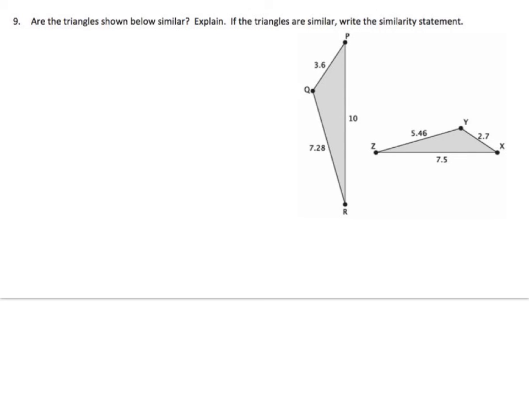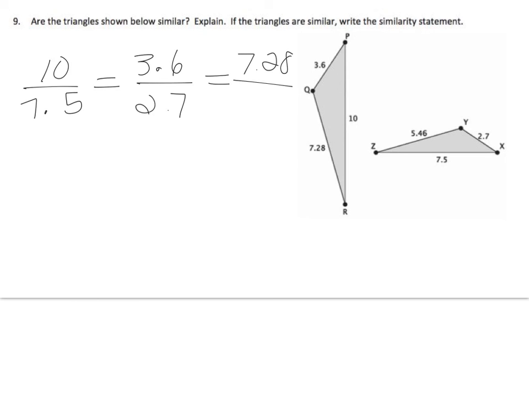Okay, number 9, are the triangles shown below similar? We don't know anything about angles, so let's go ahead and check the sides. And like I said earlier, if we don't know what order the sides are in, we just check the largest side of one triangle with the largest side of the other. And then I go straight for the smallest, 3.6, smallest of one side, smallest of the other, and then what's left over, 7.28 over 5.46.